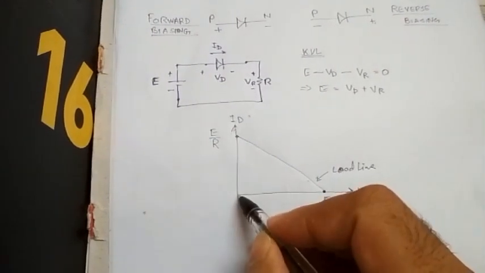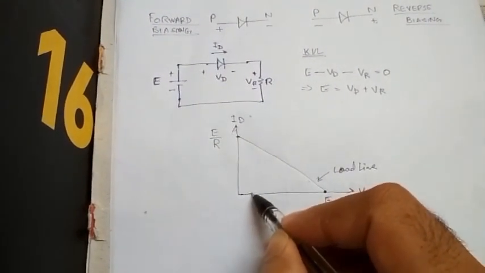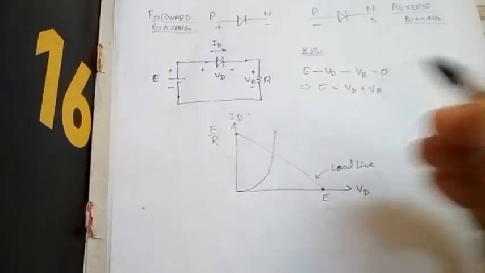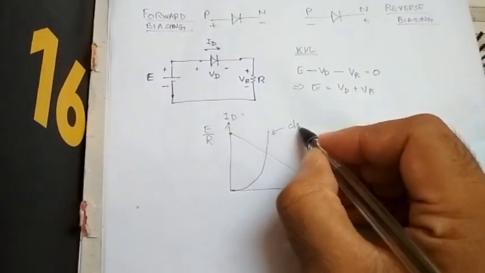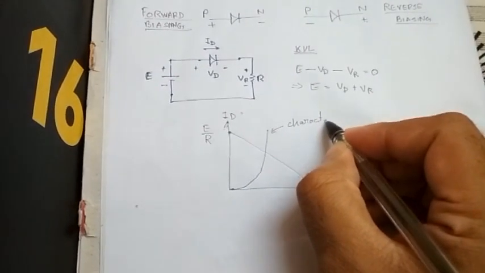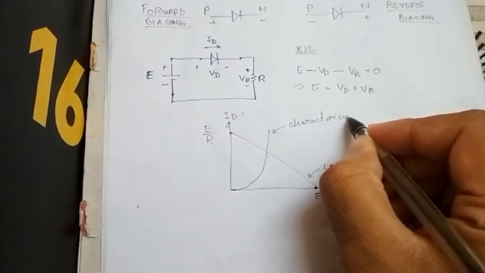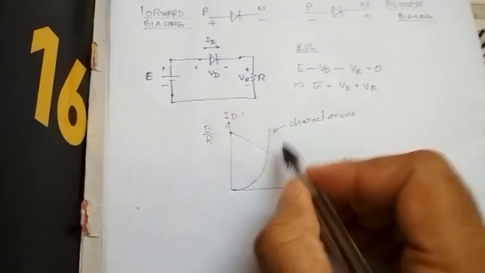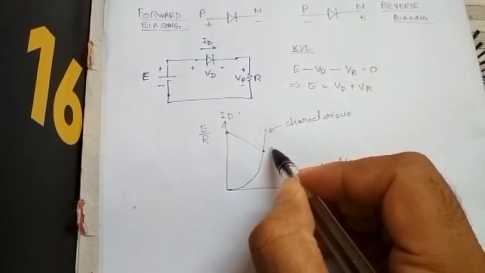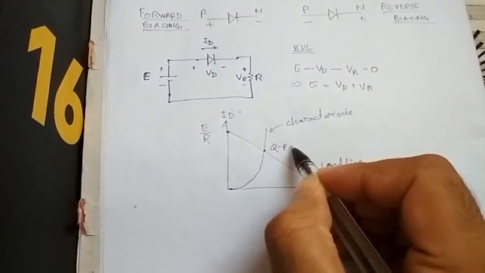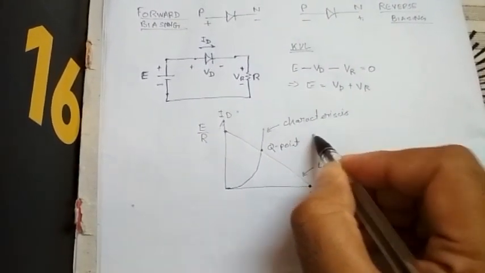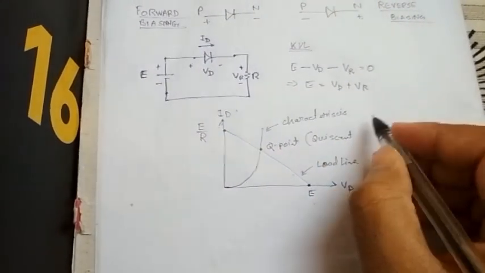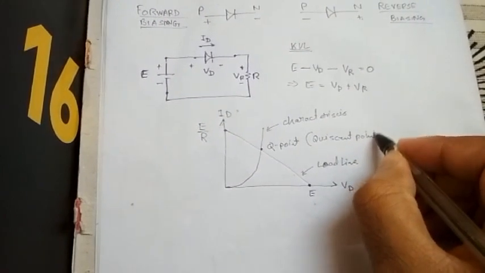And now, according to the diode characteristics, we get a nonlinear curve like this. So this is the characteristics of the device. Now, this point is called the Q point or the quiescent point.